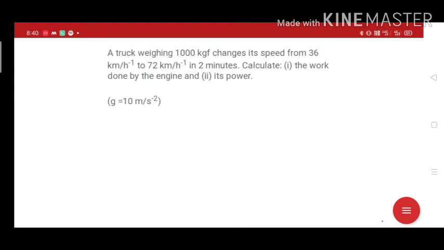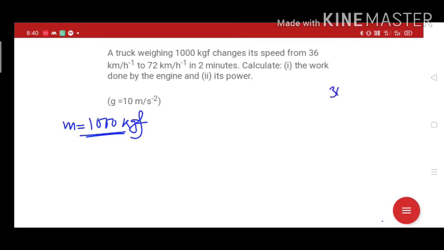A truck weighing 1000 kgf changed its speed from 36 km per hour to 72 km per hour in 2 minutes. So mass is given here, so we write down the mass first, that is 1000 kgf. Now what the information is? The information is the truck is increasing its speed from 36 km per hour to 72 km per hour. So what we're going to do, we are just going to convert the kilometer per hour to the meter per second.